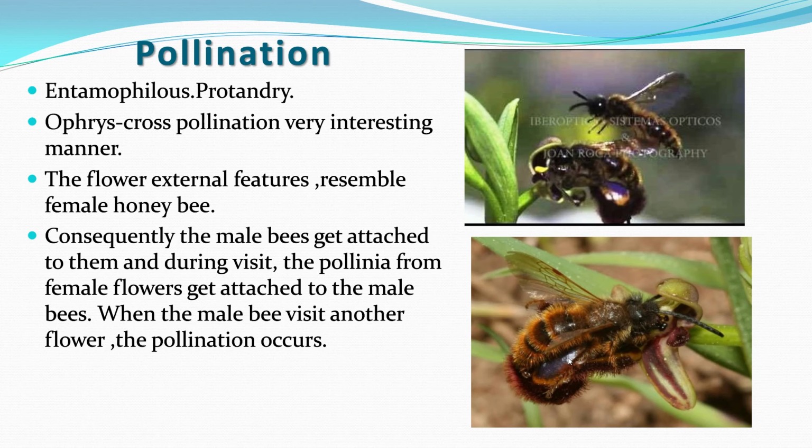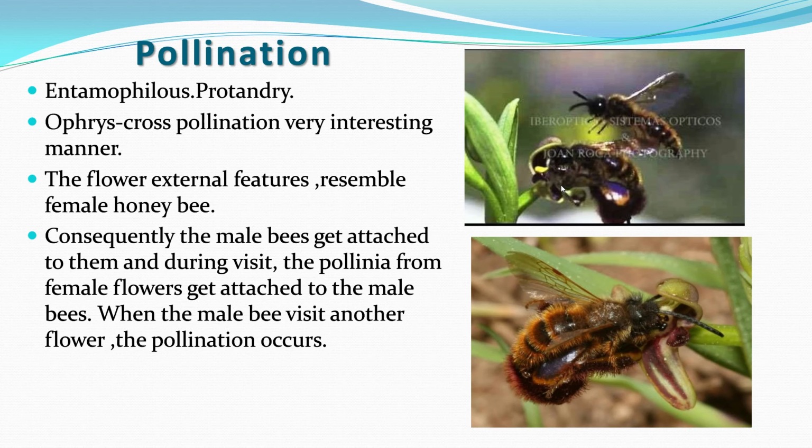Next, in Ophrys, you can observe a special type of sexual reproduction in Ophrys mascula. In this Ophrys, pollination is very interesting. The flowers are devoid of a spur of nectar. The open flower morphologically resembles the queen bee.